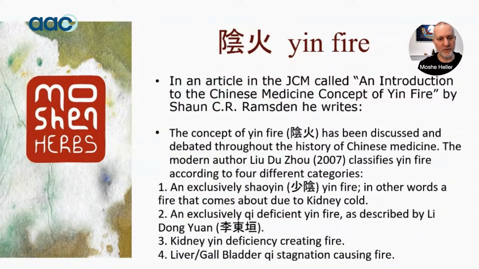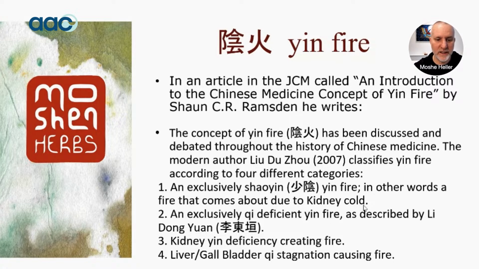One of them is what he calls exclusively qi deficiency yin fire, as described by Li Dongyuan in his book. That's what we currently discussed. But he brings 3 more aspects of that. One is more an issue of Shao Yin, and mostly this kind of Shao Yin cold, where the cold actually creates fire.